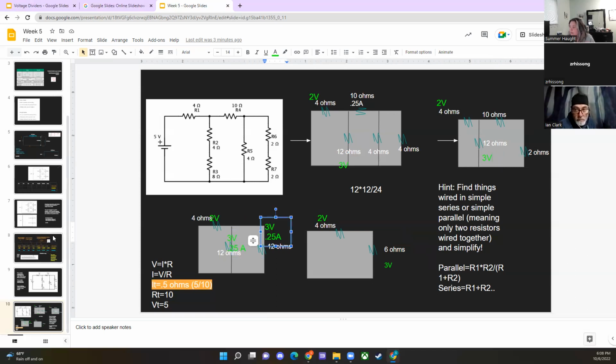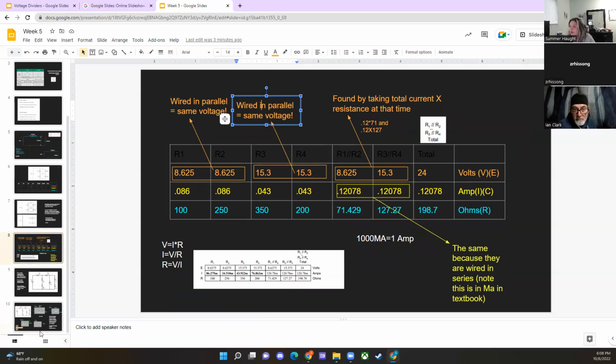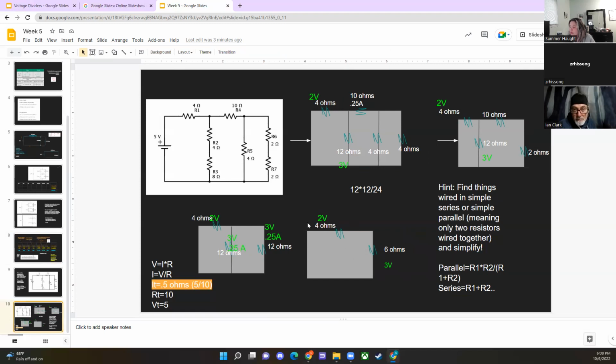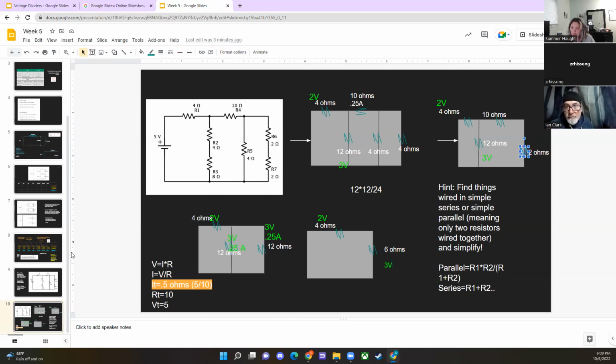So that's just some advice, and if that's still confusing, like I said, I'll send some resources that will be helpful. Ideally I would look back at this, because it's the most helpful way to remember these concepts. A lot of times, once you do the calculations to find some of these voltages, just by the theory of things being wired in parallel, you can tell what the voltages are.